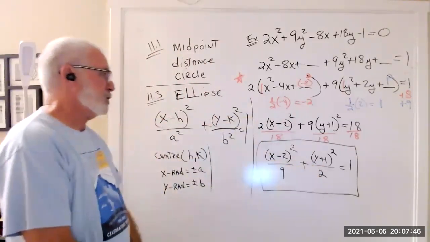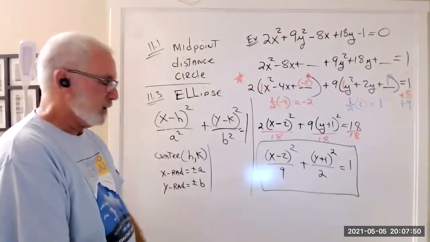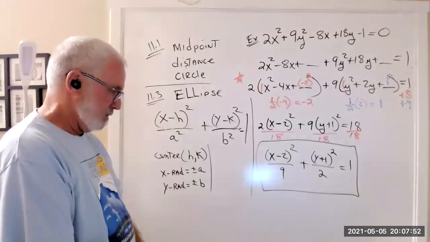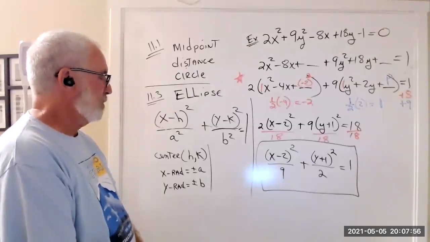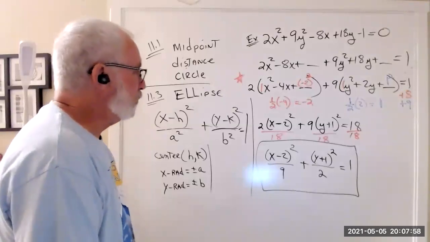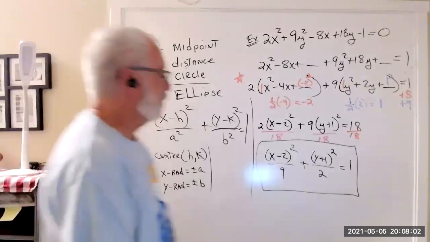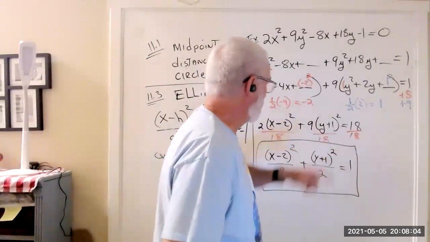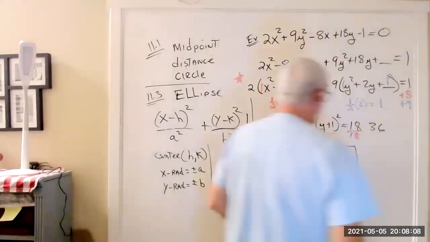So let's stop and ask questions. Go ahead. Is it just coincidence that the 2 and the 9 came down and swapped? Is that just with this problem? Yes, it was. Because what if this for some reason had equaled 36?